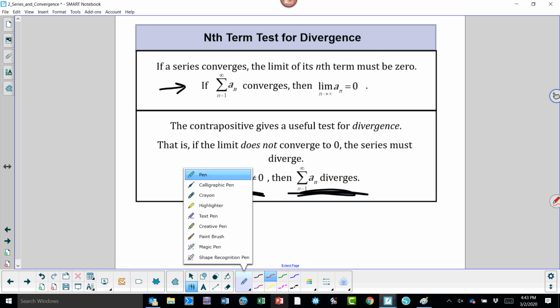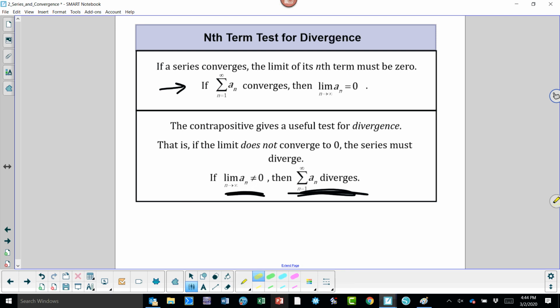So this is a big one that I would strongly suggest you highlight. This is the first test that we're going to do on every single problem. Because if we look at the limit of the a sub n term and it's not 0, the problem diverges and I'm done. There's nothing else to do.